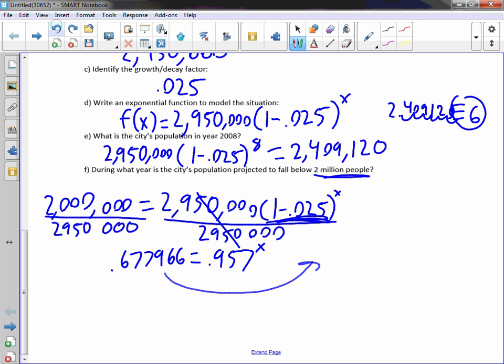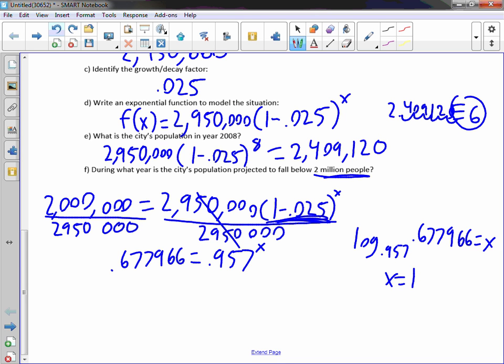So when we log it, we'll get log base 0.957 of 0.677966 equals x, we'll get x equals 15.